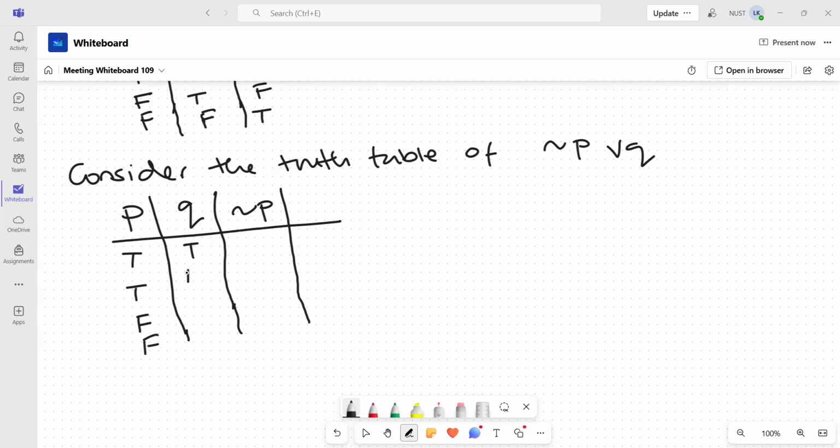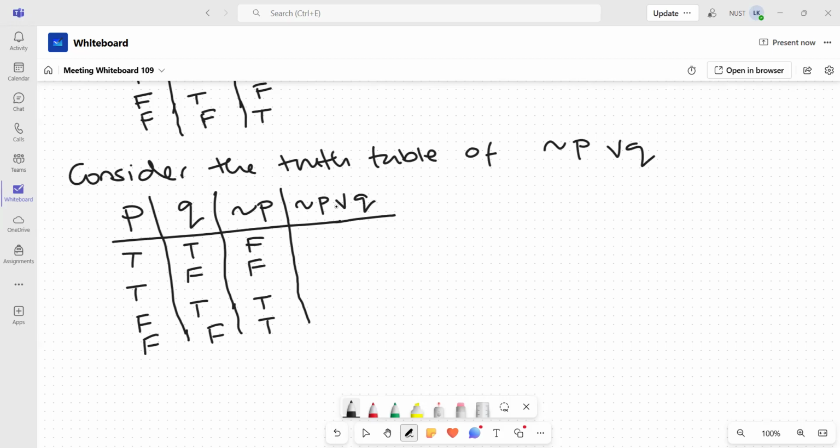This is true, false, true, and false. And not P is just the opposite. So this is false, false, true, and true. And then here we have not P or Q.